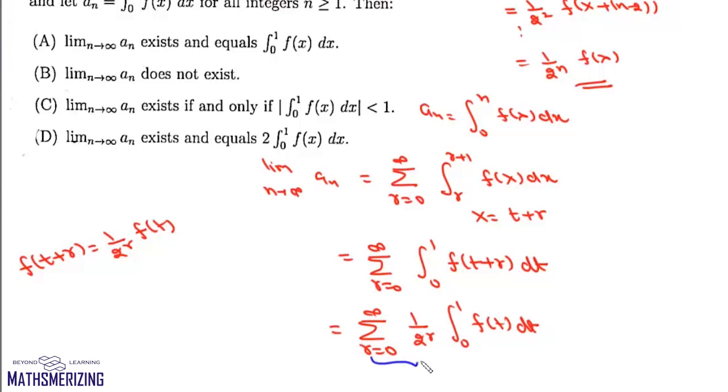Now this is nothing but an infinite GP. Now the sum of this GP will be a upon 1 minus r into this integral from 0 to 1. Now f of t dt is the same as f of x dx. So we can write this as 2 times this integral from 0 to 1 of f of x dx, and that's your option D.